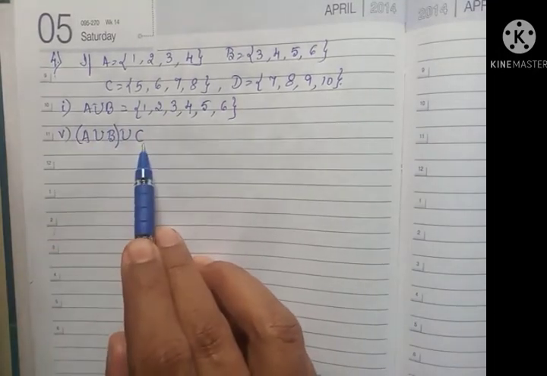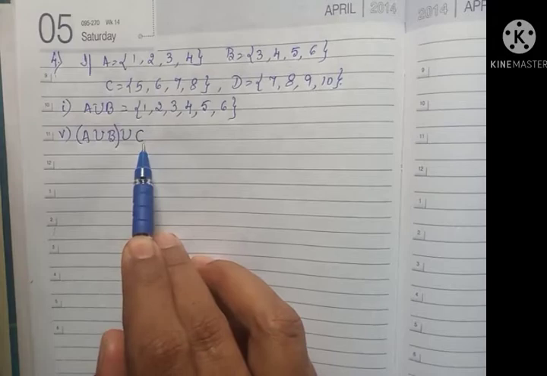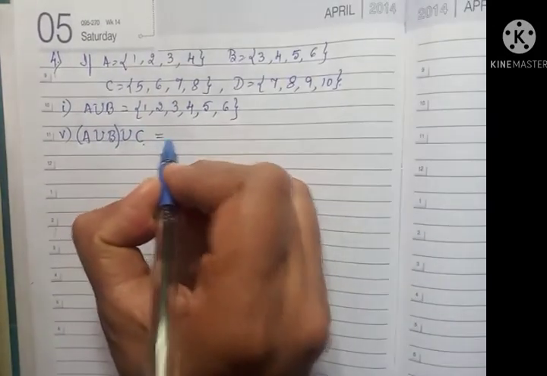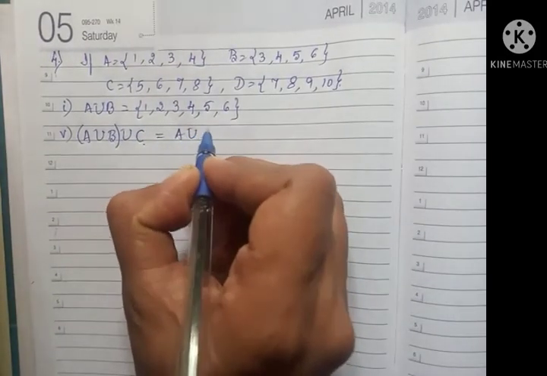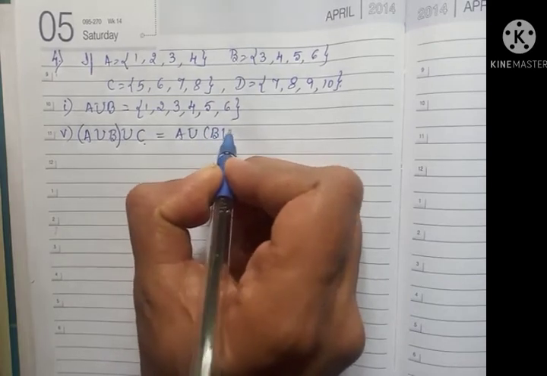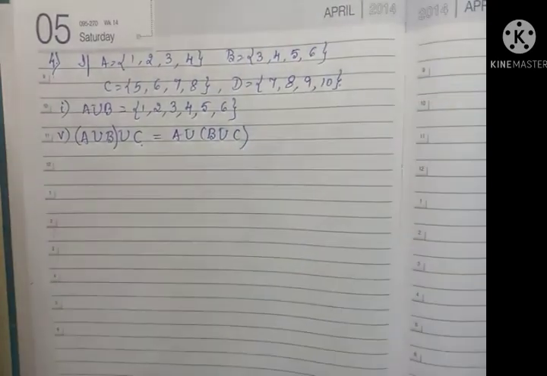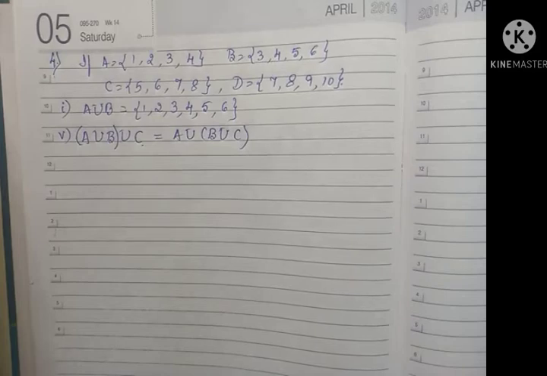Then take the union with the remaining. That is equal to A union B union C. Both are same. So this property is known as the associative property of sets in case of union.